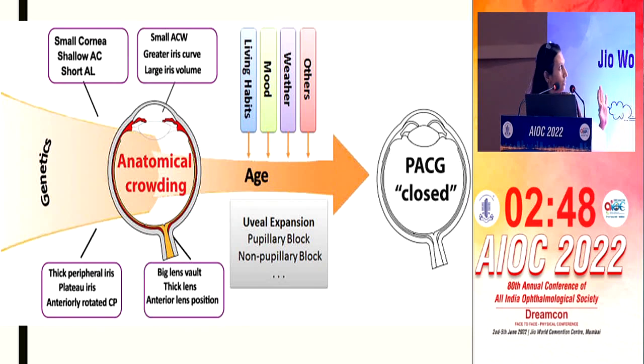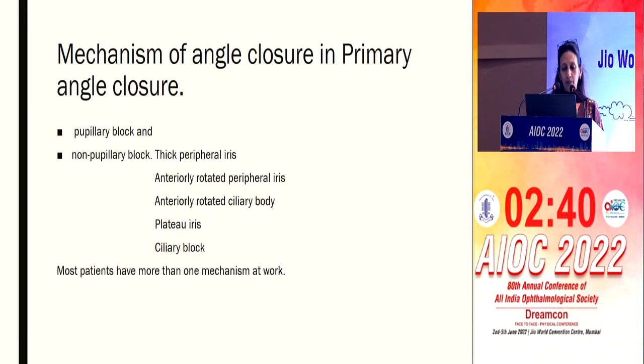So this is a basic understanding of angle closure glaucoma, why some people develop it and why some people don't. Now, the mechanism of angle closure: pupillary block is the commonly known mechanism of primary angle closure. It is due to the proximity of the posterior surface of the iris to the lens, which generates an increase in aqueous flow resistance, and we all know what happens after that.